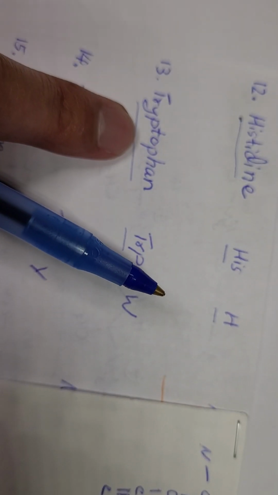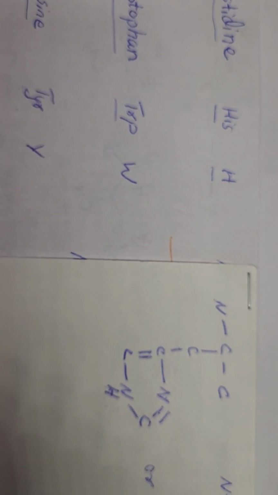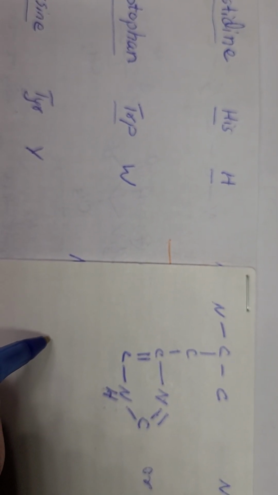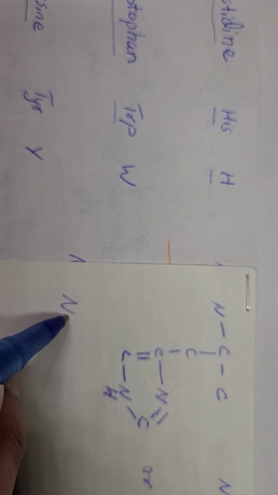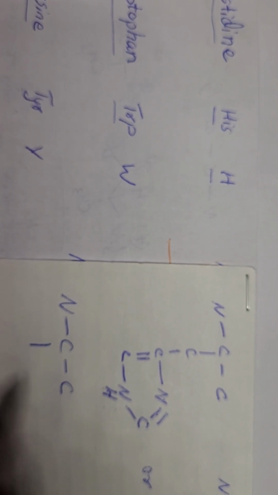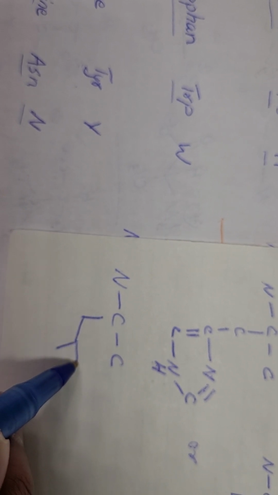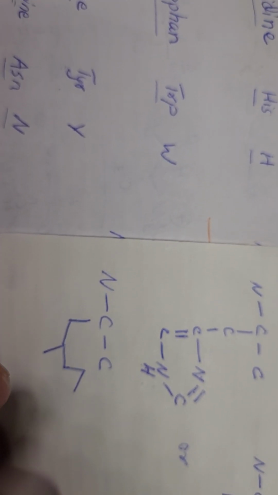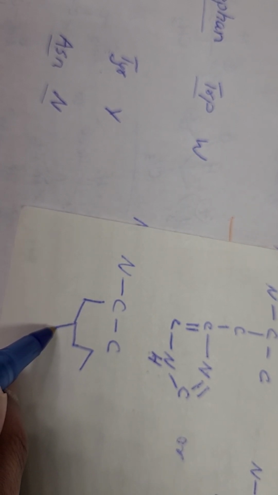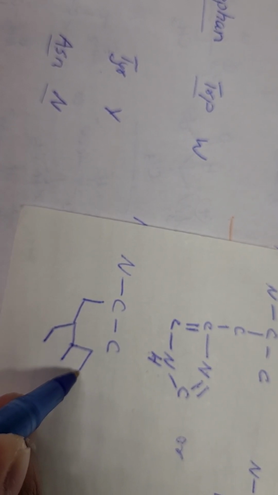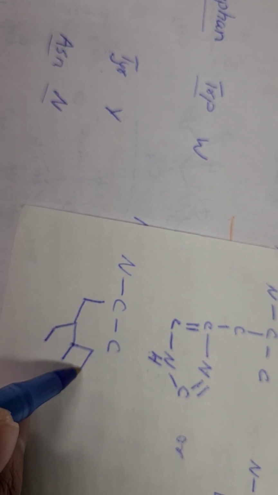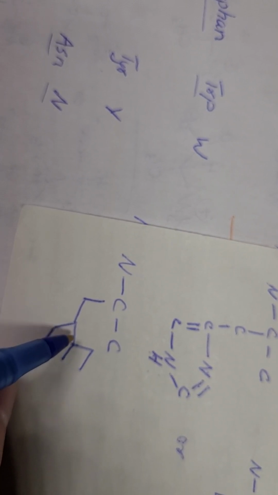Okay, the next one is tryptophan, W. The way to draw is like I tell you, NCC, break it to the right, you draw W. You can connect whichever one is fine, and the opposite of W is M. The one connected to the W will be 5 connection, but the one that doesn't have connection will be 6.